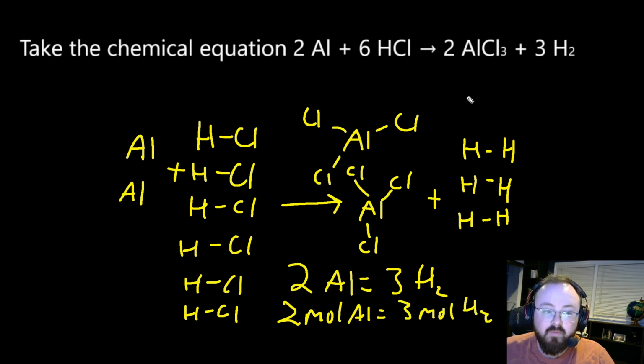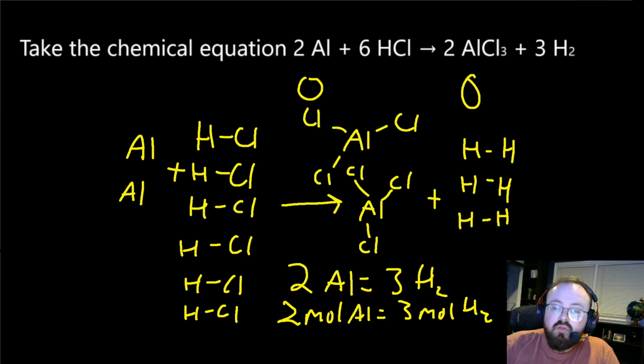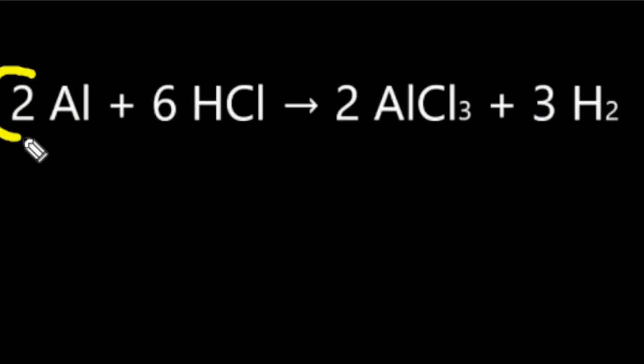And where does this come from? The coefficient. So with this in mind, we can then create conversion factors. I'm going to show one of these examples. So let's start our discussion by looking at this chemical reaction and creating molar conversion factors. What we have to look at are the coefficients here.